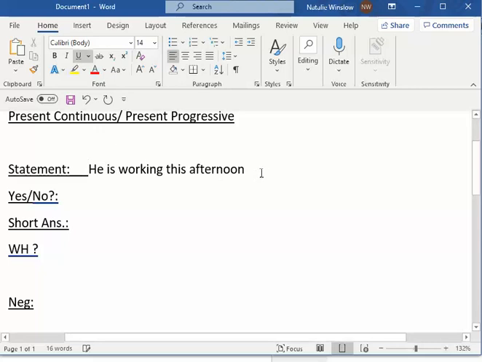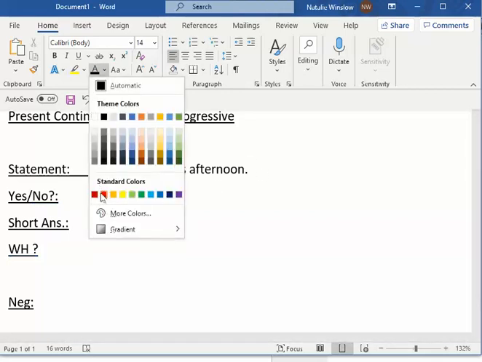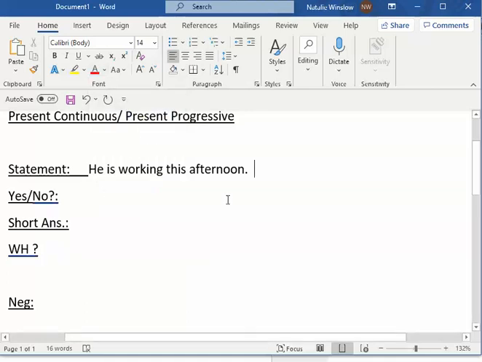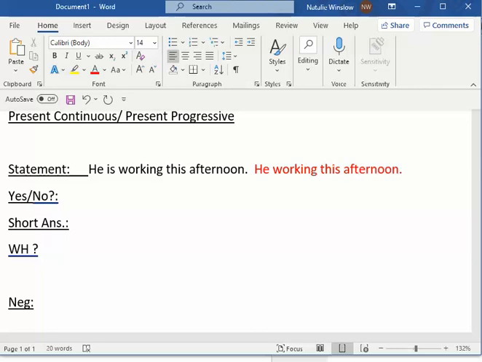All right, so a lot of times the mistakes that students make, especially when they're writing, these are the mistakes that students most often make. When they're writing, they'll say, he working this afternoon, right?